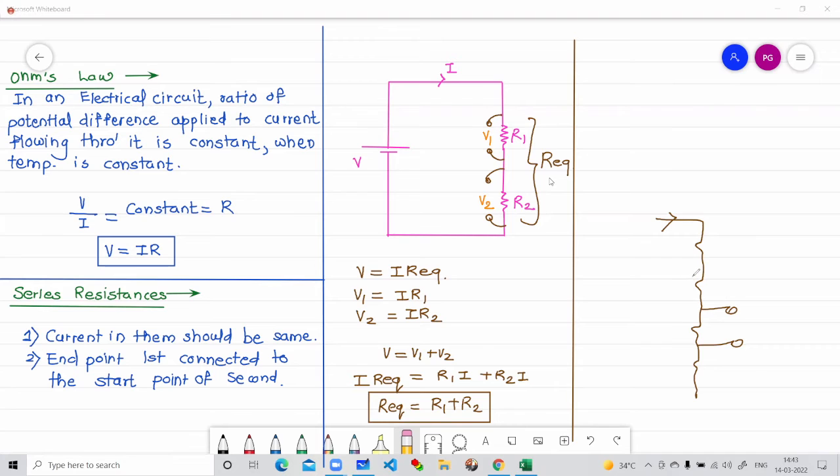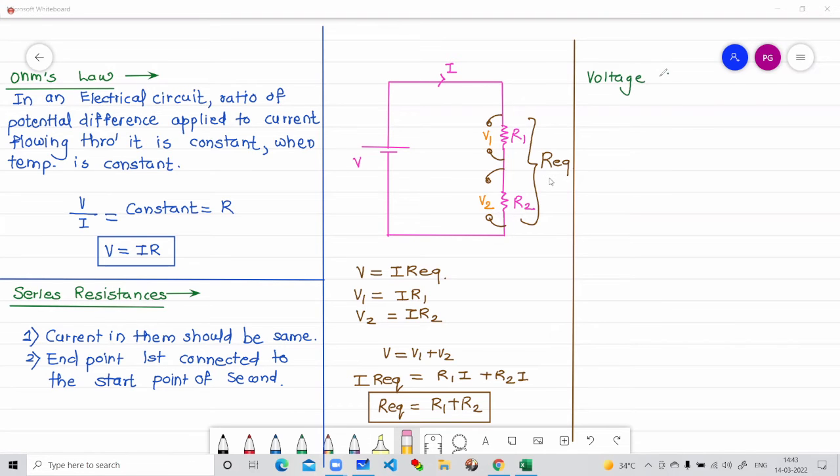Yes, calculating the current and then the drop is also possible, but that will consume time. So we are talking about shortcuts with which it will be easy and fast for us to get the drop across the resistances. So I'm talking about the voltage division rule.